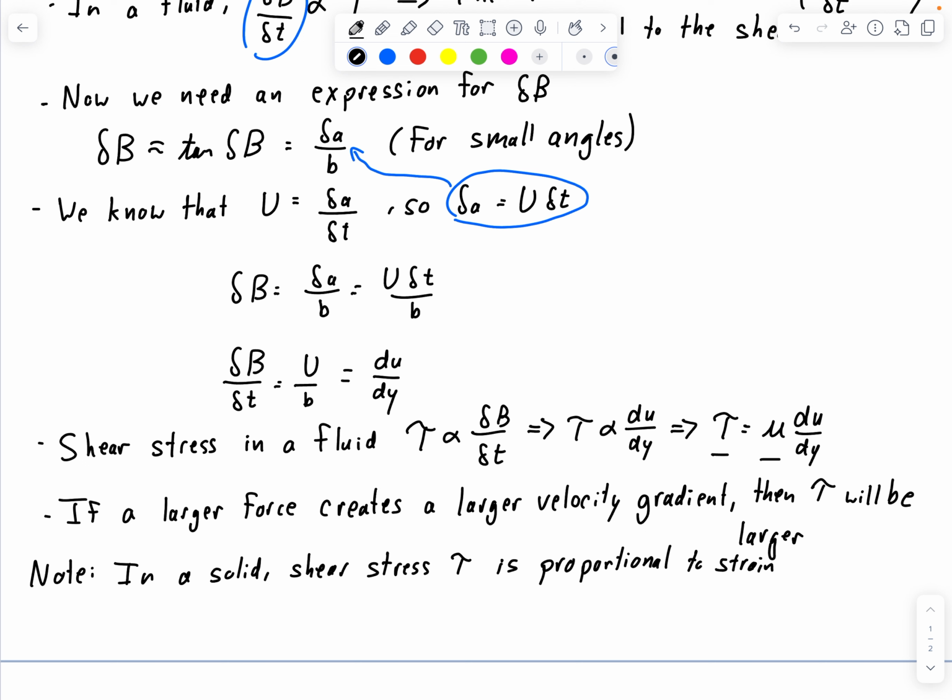That is not the case in fluid mechanics. In a fluid, the shear stress tau is proportional to the strain rate. So it's the rate at which you strain that fluid.